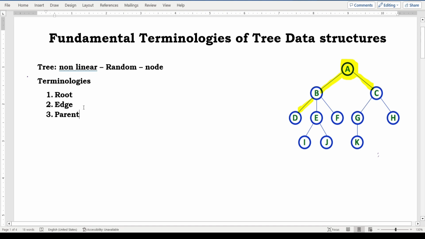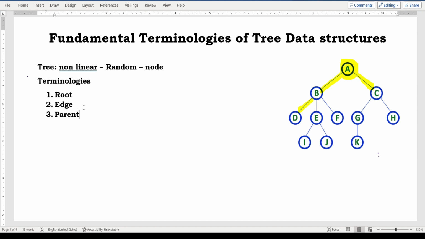In a tree data structure, the node which is the predecessor of any node is called a parent node. In simple words, the node which has a branch from it to any other node is called a parent node.